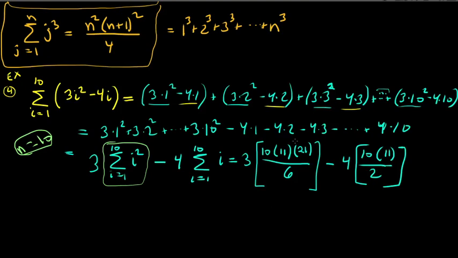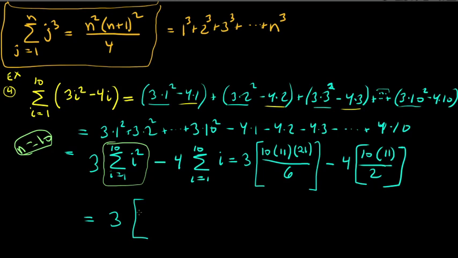Again, these you should probably just use a calculator. So 10 times 11 times 21 is 2310, divide by 6 is 385.